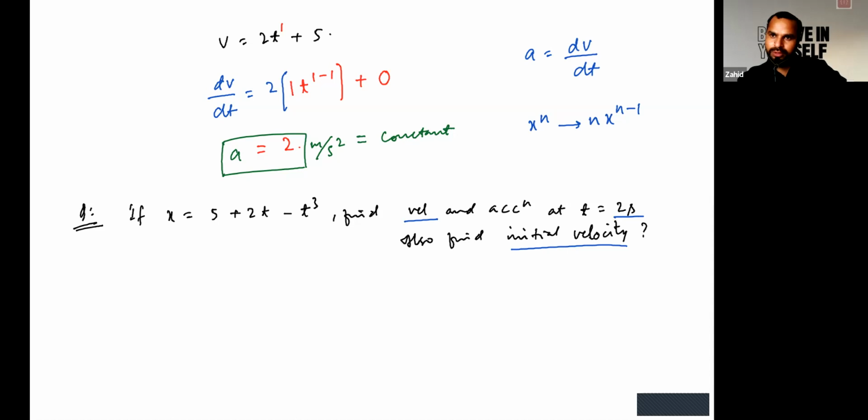Hiba, can you tell me what do you mean by initial velocity? Khalid, do you have any idea about it?